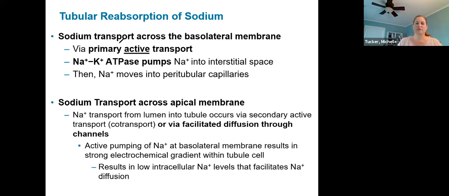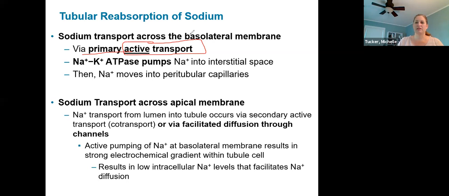The proximal convoluted tubule needs to reabsorb 65 to 70% of salt. It is going to do this by active transport, both primary active transport and then secondary active transport. It'll create the gradient for secondary active transport as well.